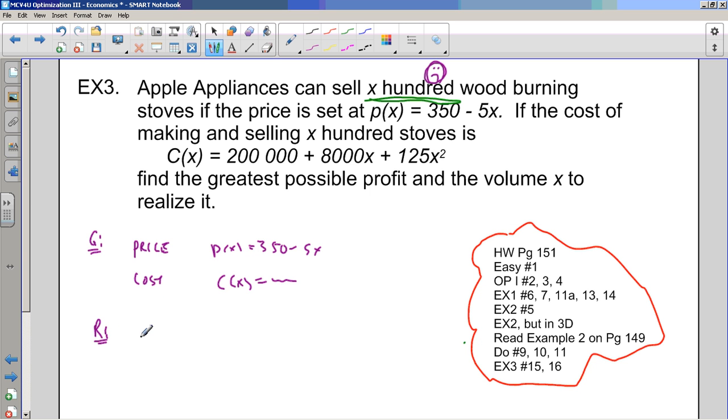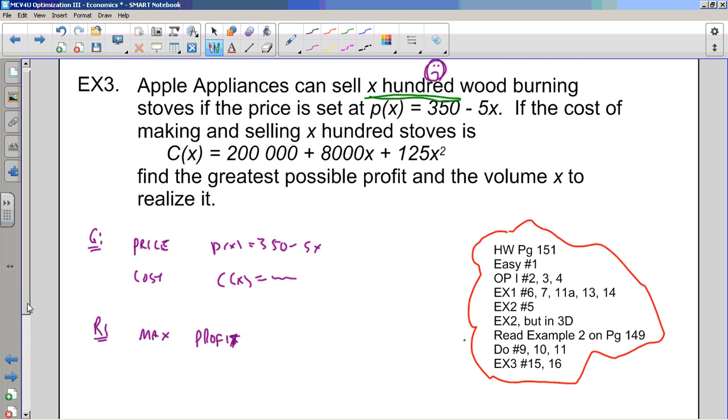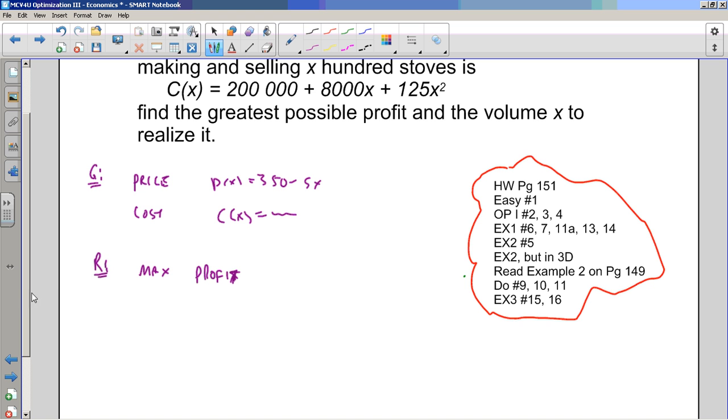I want to find the maximum profit. The old corporate greed question. Maximize profit. Notice it's not maximizing revenue this time, and it's not minimizing cost this time. It's maximize profit.